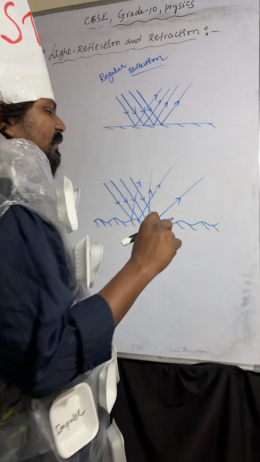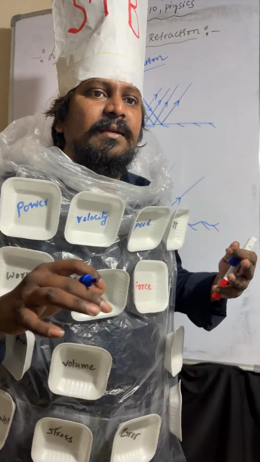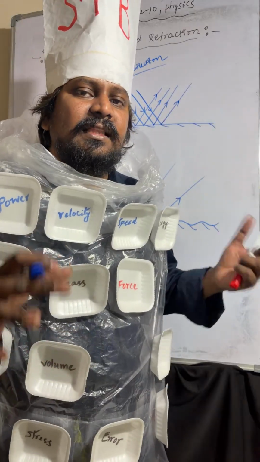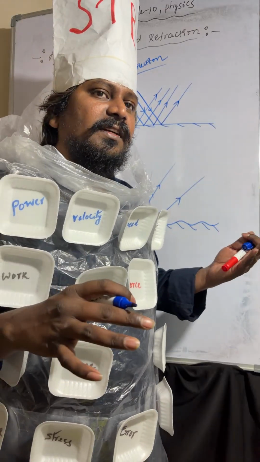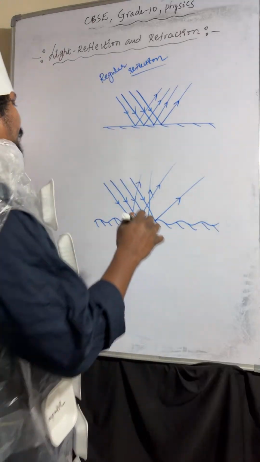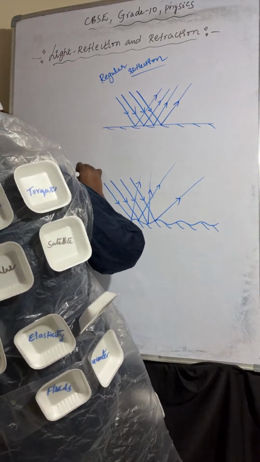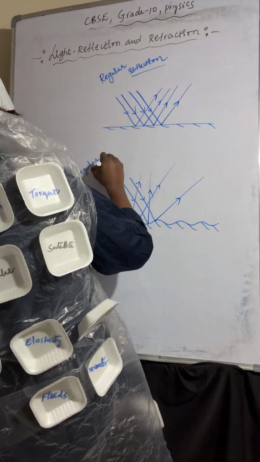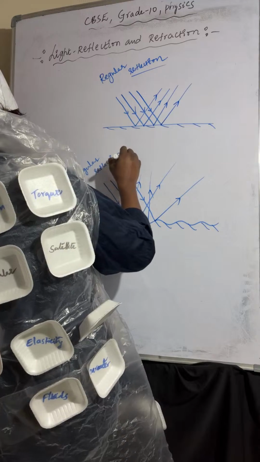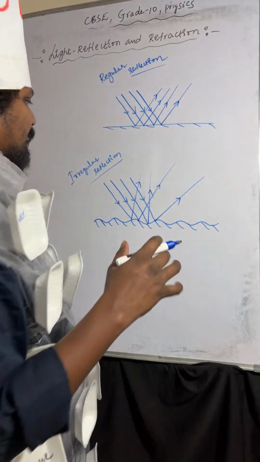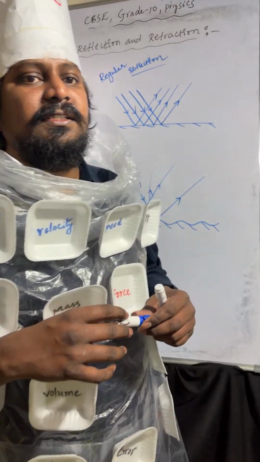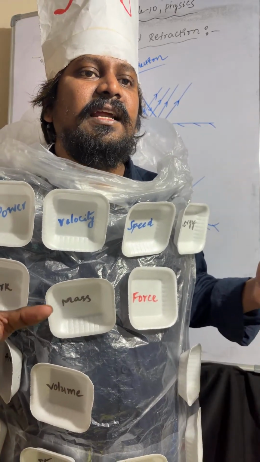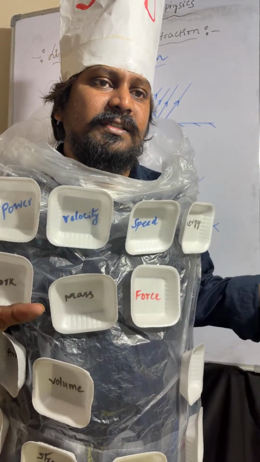So in regular reflection, if the incident light rays are parallel, then the reflected light rays are also parallel to each other. In irregular reflection, the incident light rays are parallel, but the reflected light rays are not parallel to each other.